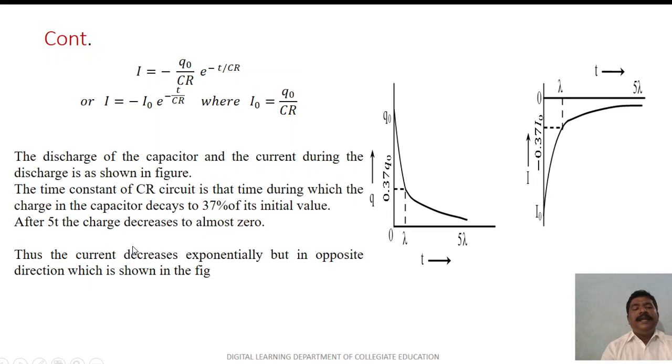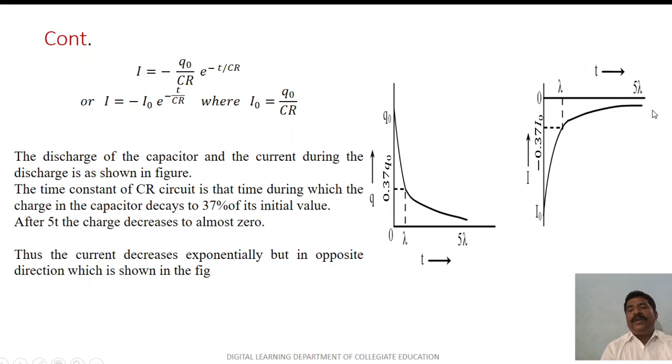Thus the current decreases exponentially, but in the opposite direction, as shown in the figure. I is equal to minus I naught e to the power of minus t divided by CR explains that the current decreases exponentially but in the opposite direction.